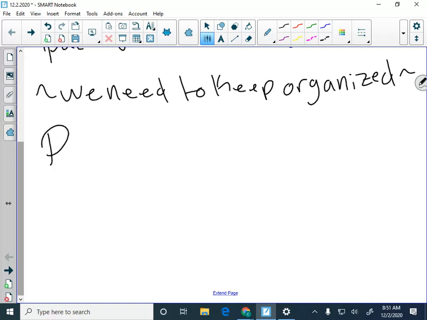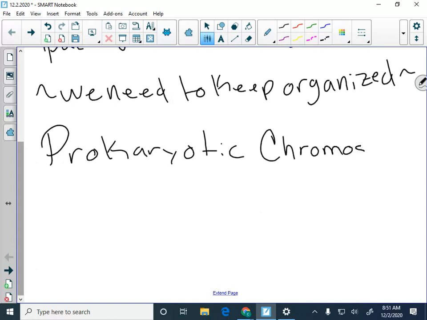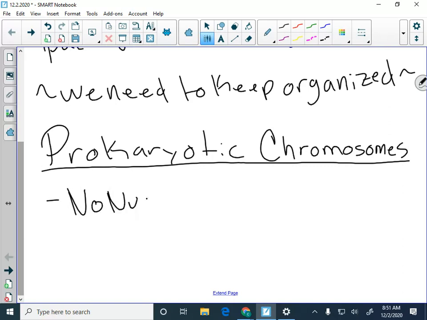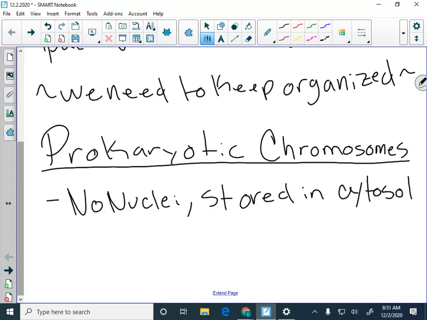So our chromosomes in prokaryotic cells, that's bacteria cells and the like, are stored in the cytosol.